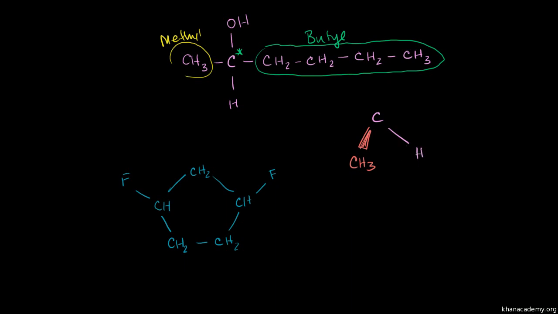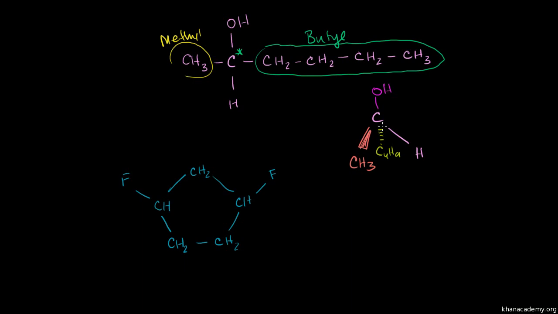And then behind it, you would have the butyl group. So kind of the back leg of the tripod, you'd have a butyl. And what is that? That's C4H9. So it's C4H9 in the back. And then above it, you have your OH.